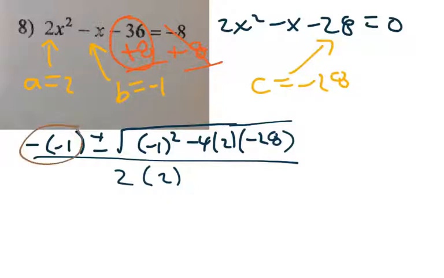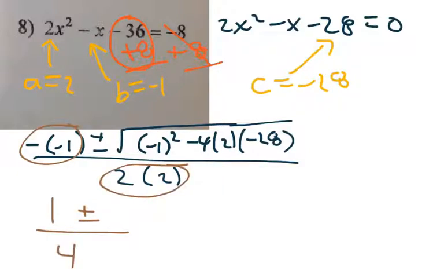Over here, of course, I have a positive 1, plus or minus. The denominator, of course, is 4. Now, what about the discriminant here, as we call it? That's actually called a discriminant, the square root part. What value is that? Well, that's where our handy-dandy calculator comes in.